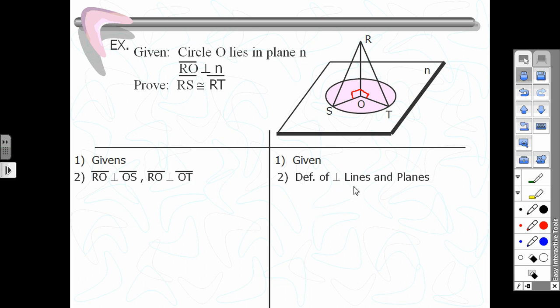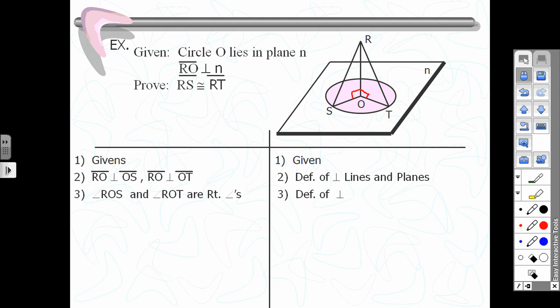So don't forget those three words right there. Okay, so next, now that we have perpendicular lines, now we can talk about having right angles. So angle ROS and angle ROT are right angles by our definition of perpendicular. Okay, so that's taken care of.